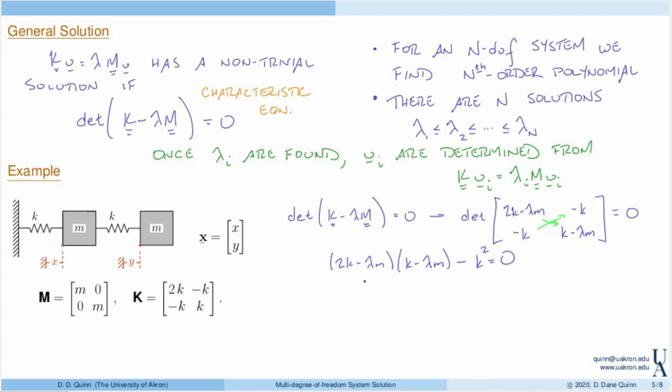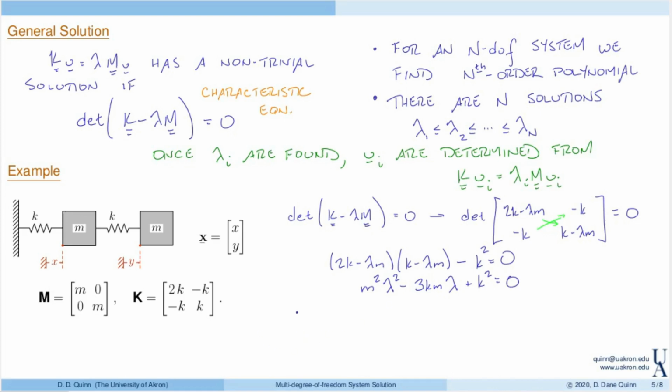Or, expanding this out and writing it as a quadratic equation, we get m squared lambda squared minus 3km times lambda plus k squared equals 0.